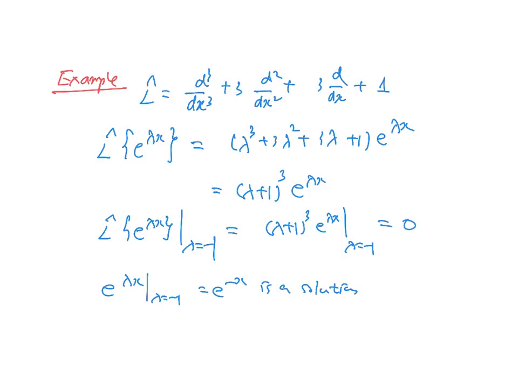And what about the derivative? So partial lambda of L applied to exponential lambda x is L applied to partial lambda of exponential lambda x.